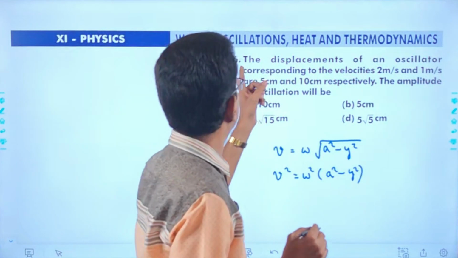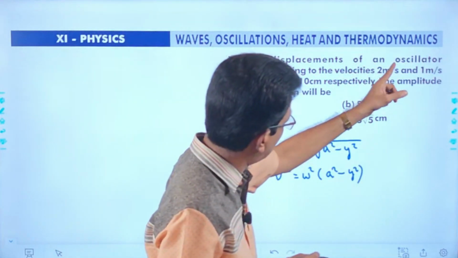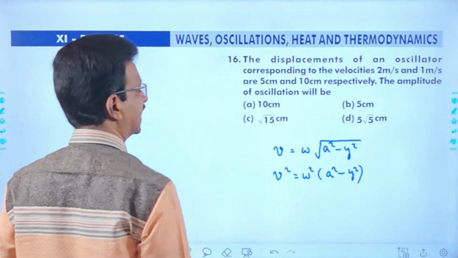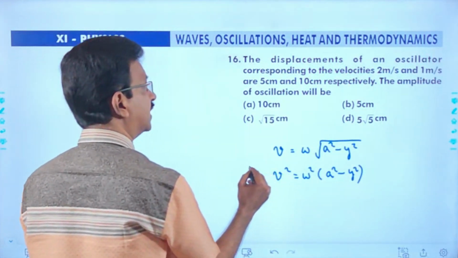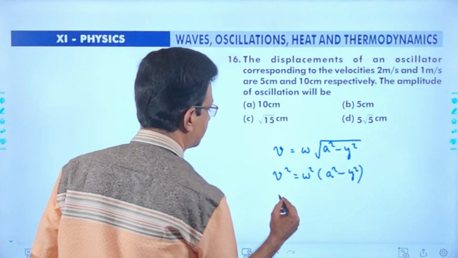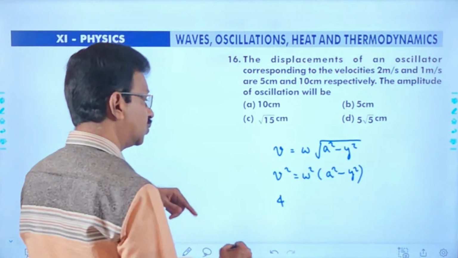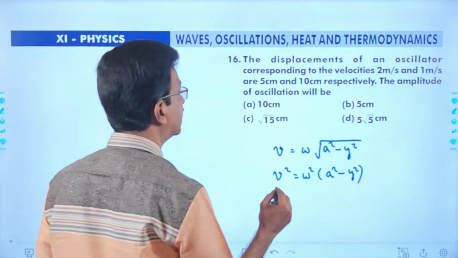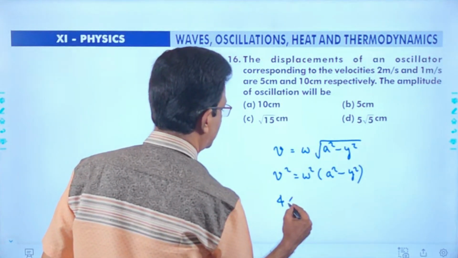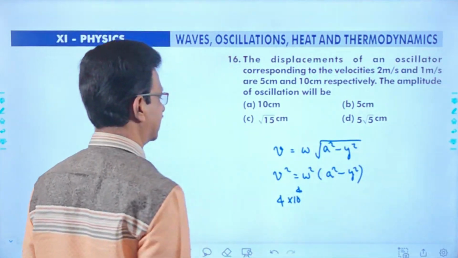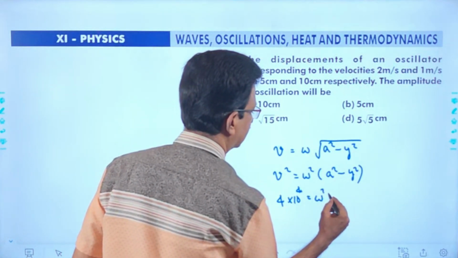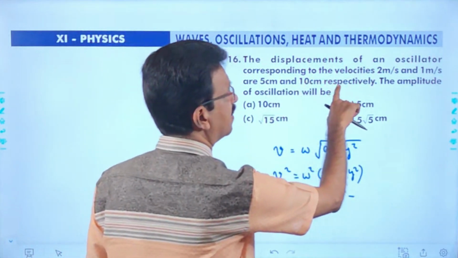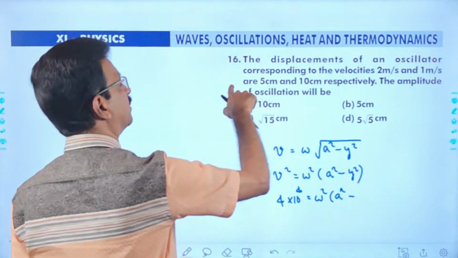The displacements of an oscillator corresponding to the velocities 2 meters per second and 1 meter per second are 5 centimeter and 10 centimeter respectively. First case: velocity 2 meter per second, converting into CGS system because displacements are given in centimeter, squared gives 4 into 10 raised to 4 centimeter square per second square, equal to omega square into a square minus 25, the square of the first displacement 5 centimeter.